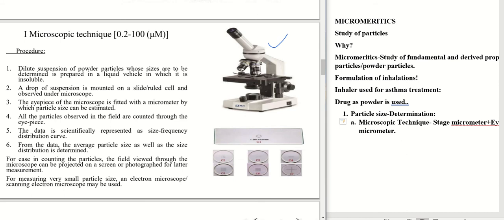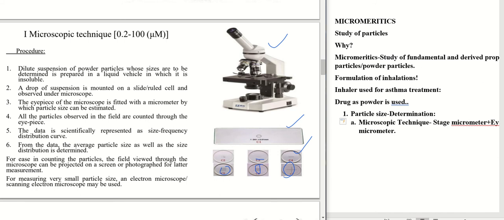This is the stage micrometer, and this is the eyepiece micrometer. The eyepiece micrometer is available in different graduations. When we look onto this, we will be able to see graduations, scale divisions. Now we'll see in detail how it works.